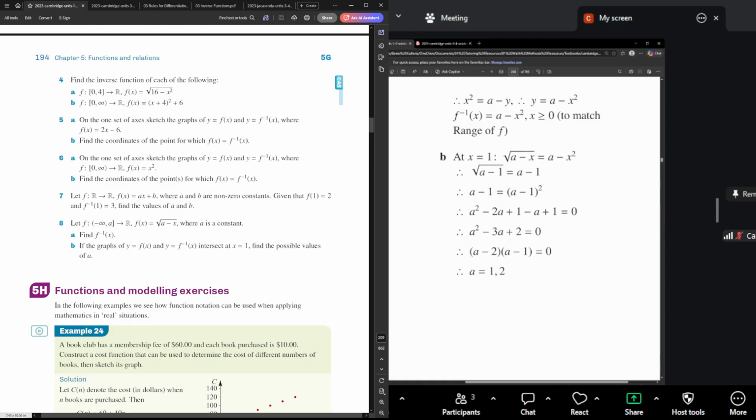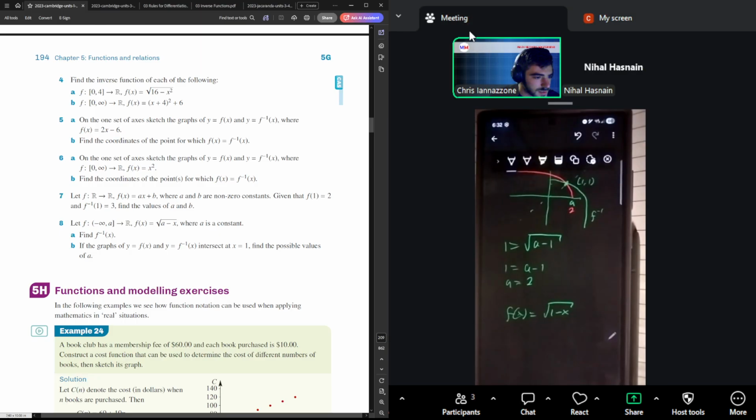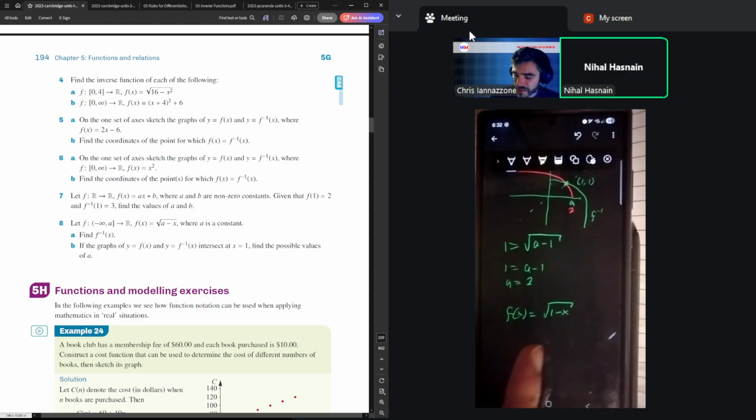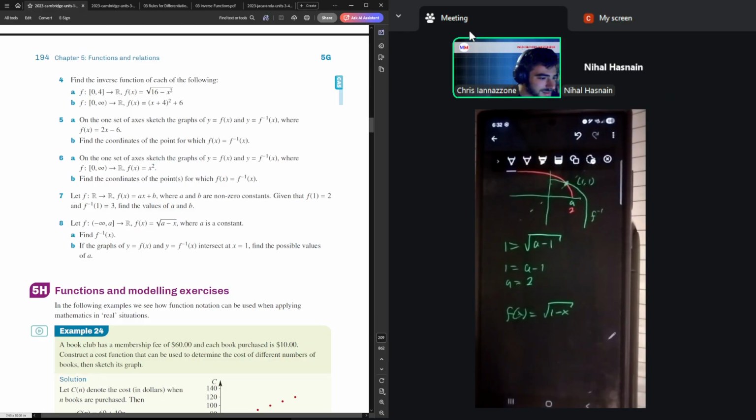That's what I imagine is happening there. Because it's pretty clear, if you shove an x equals 1 here, the point 1, 1 does not exist on it if you have a equals 1. So I think they've actually made a mistake here. Fun. So something to avoid, even the examiners or the people who wrote this textbook. I'm going to look real stupid if there was actually no issue, but I'm pretty confident there's no issue.